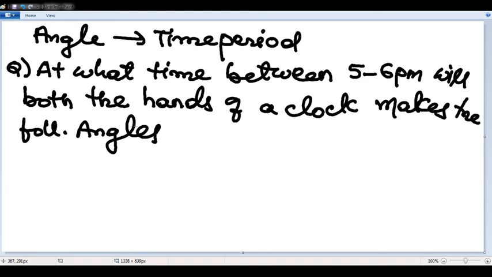Prashant, I will discuss everything after I complete this concept. Divert your attention here. I will take up doubts at the end. At what time between 5 and 6 p.m. will both the hands of a clock make the following angles?